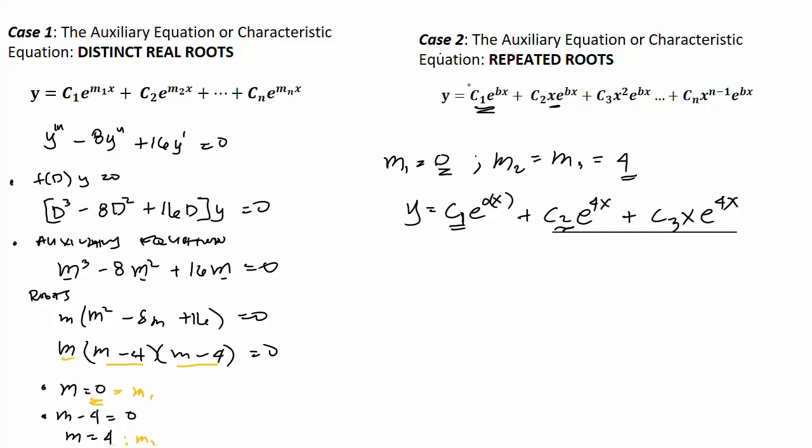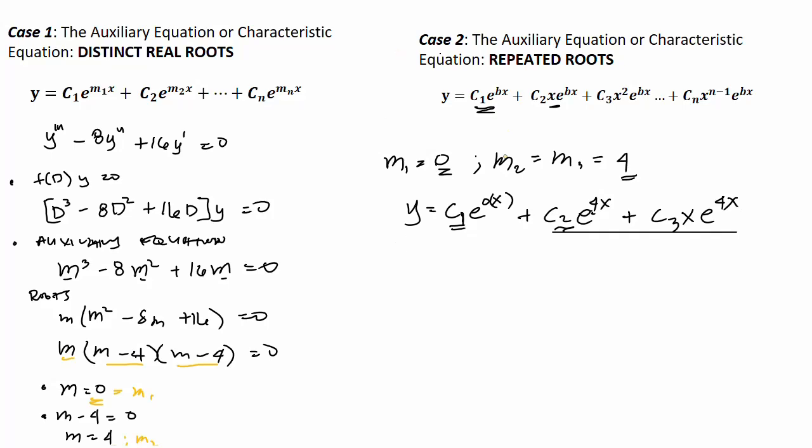But the rule still applies. So we have c2 e to the 4x for the first repeated root, and then c3 x e to the 4x.